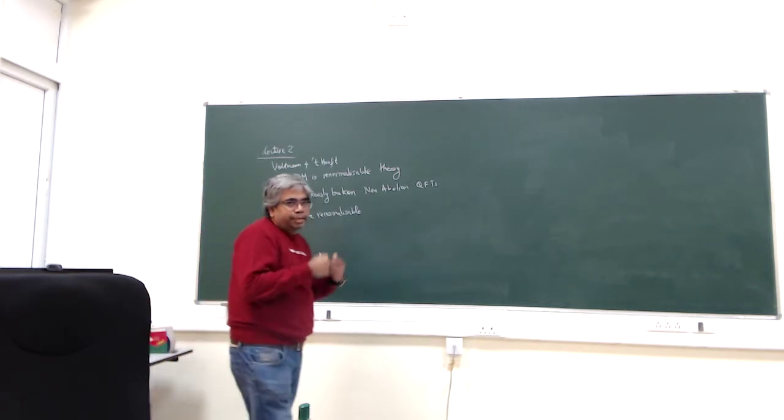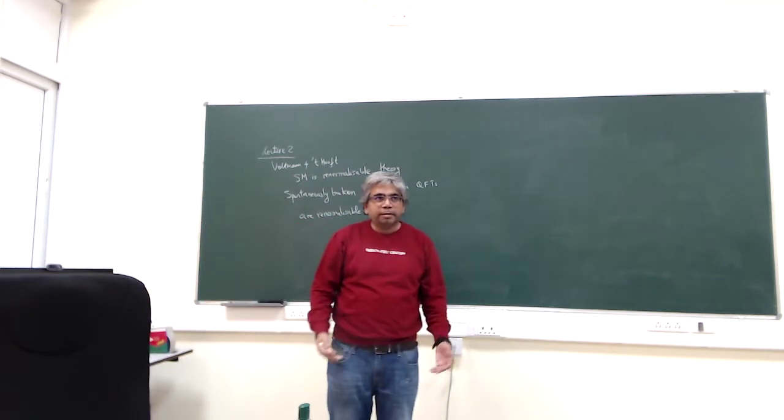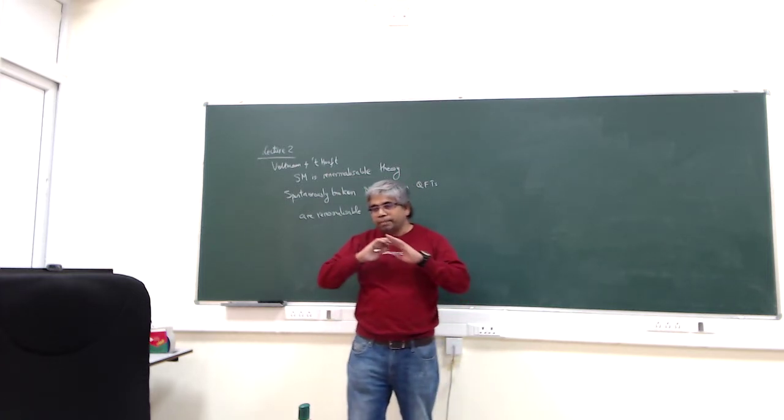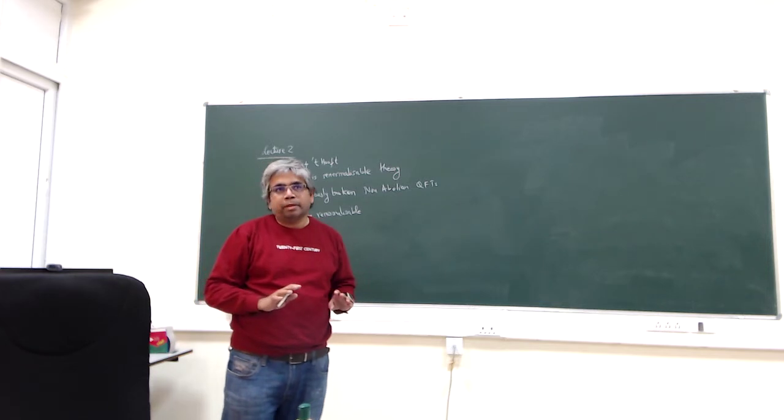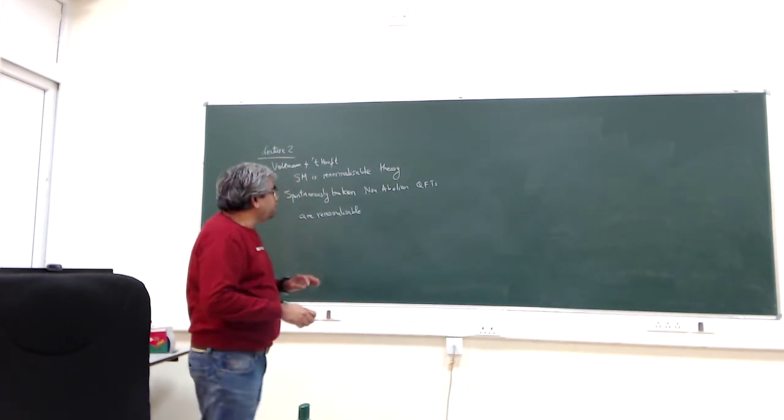Now, I won't go into the details of what renormalizability means, but at the practical level, it means that I can compute higher order corrections. This theory is complete. So, what does renormalizability mean?